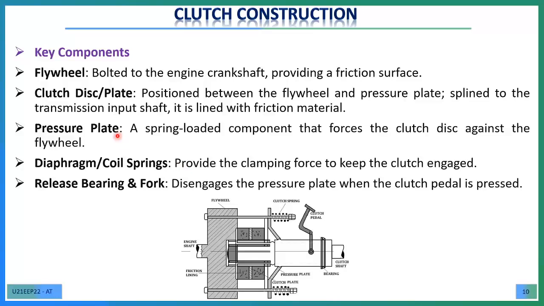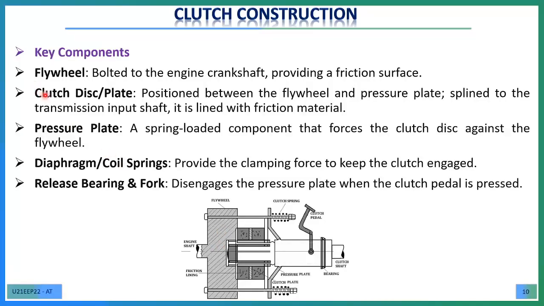What are the basic key components in the clutch construction? The first one is the flywheel, bolted to the engine crankshaft, providing a friction surface.